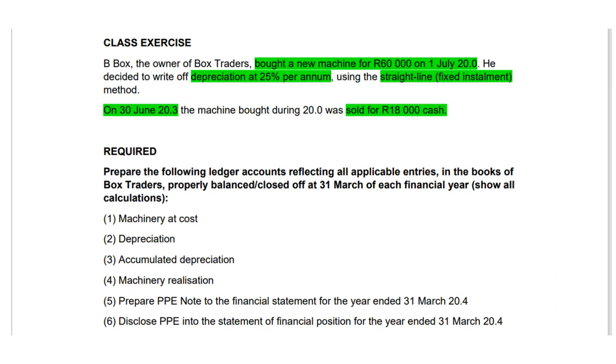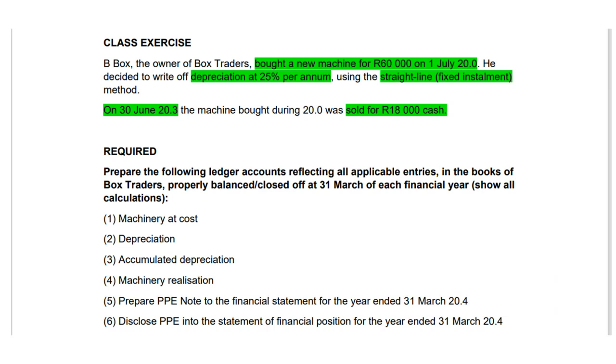You debit the machinery. Machinery is an asset. An asset increases on which side? On the debit. So you debit the machinery 60,000 rand. What are you going to credit? You credit your bank because you bought it for cash. The money went out. We know now that cash is our bank and our bank is our asset. So if the money is leaving us, an asset decreases on which side? On the credit side, so you will have credited that.